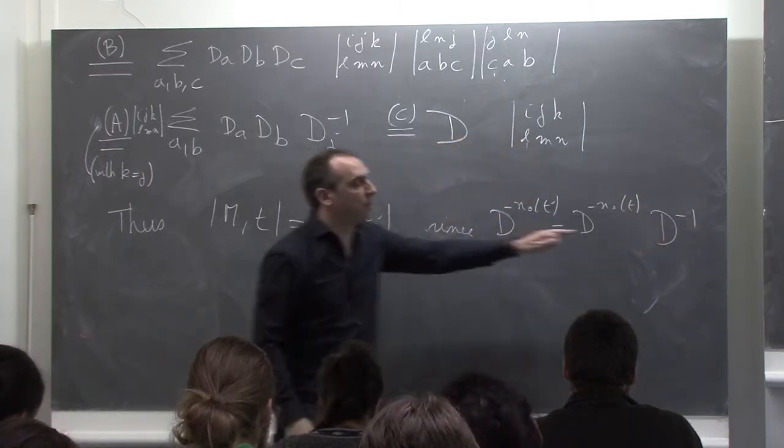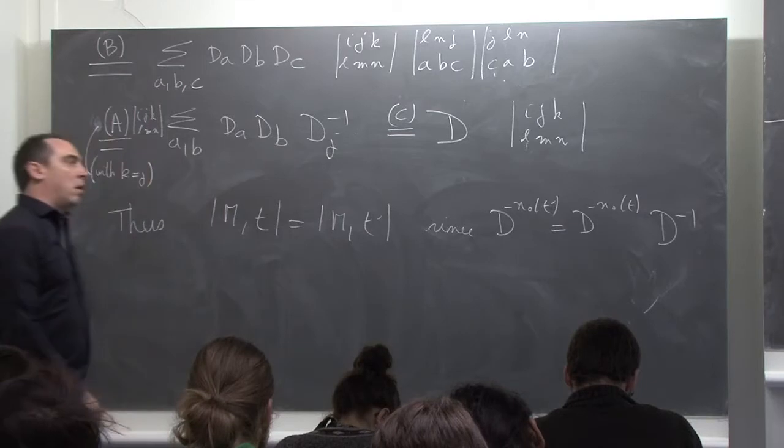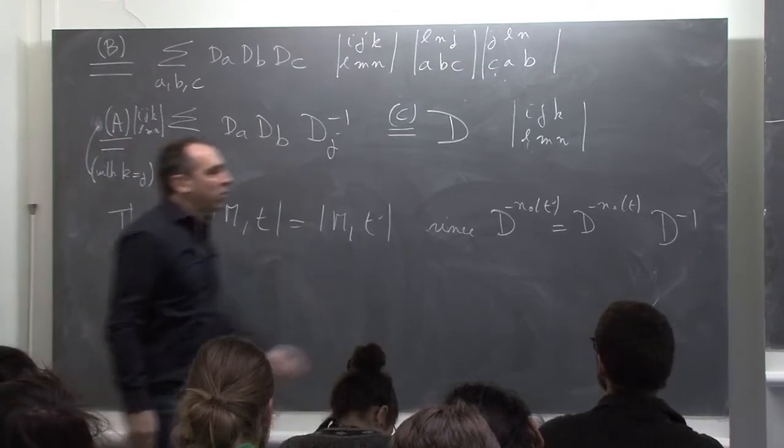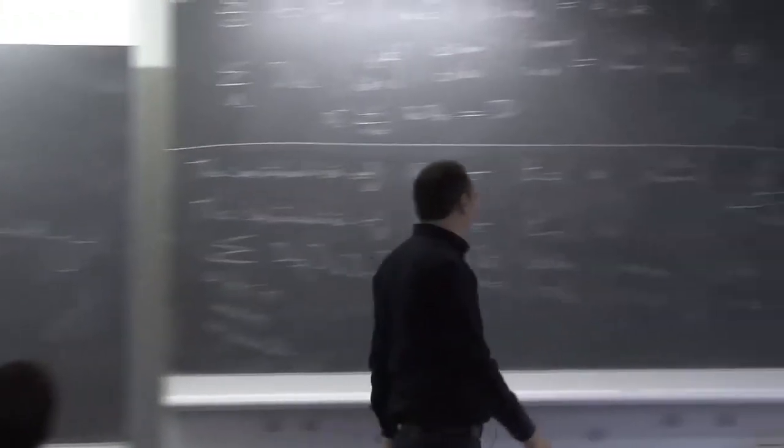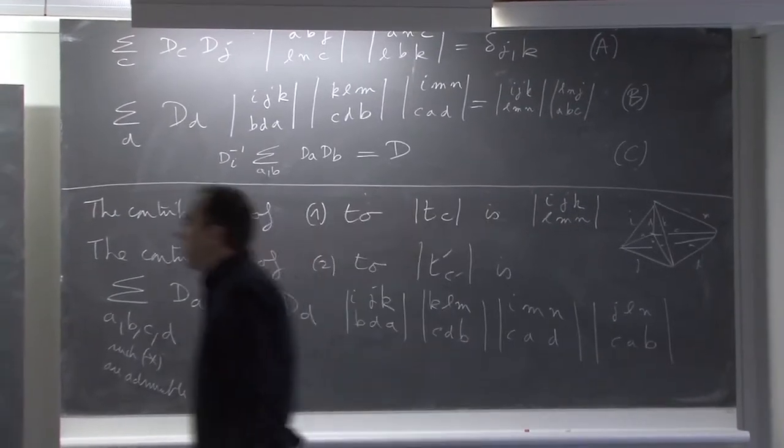And this D and D inverse cancel. Okay, so we have shown the invariance under the moves 1, 4.